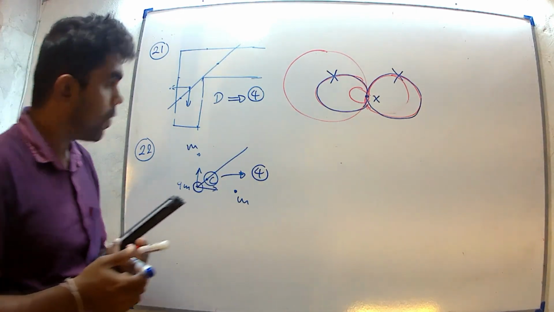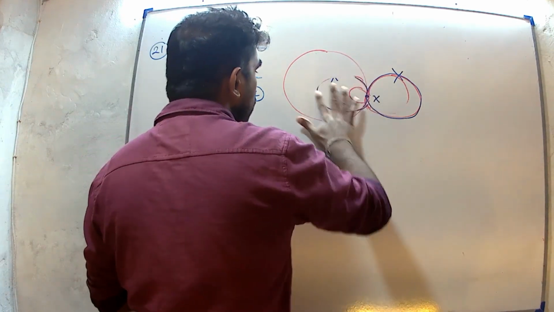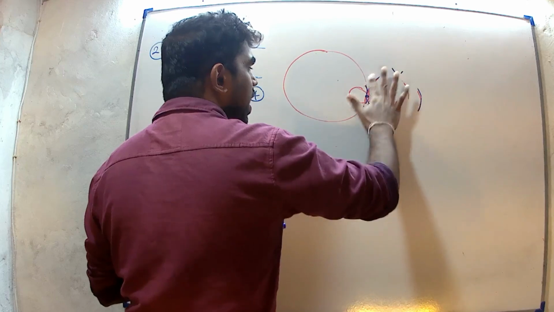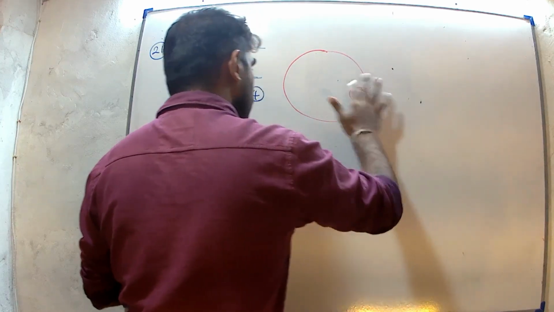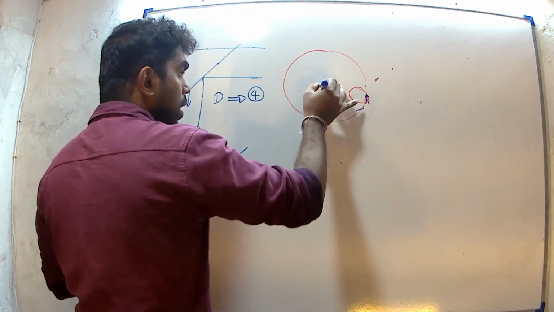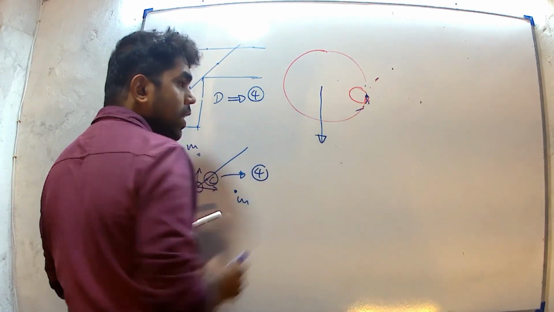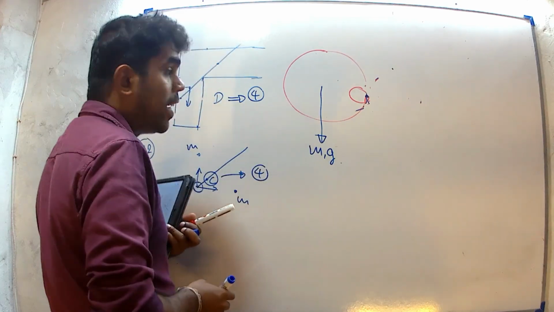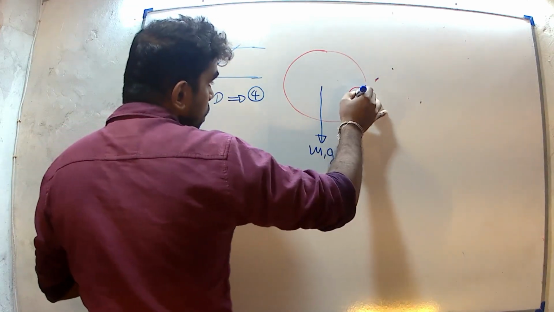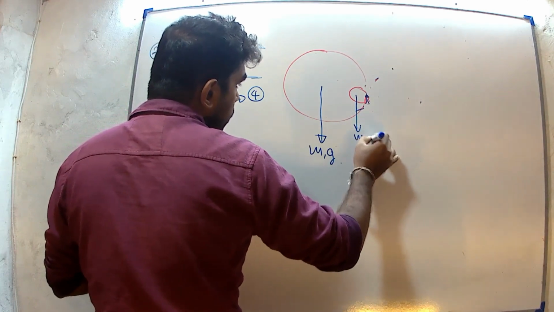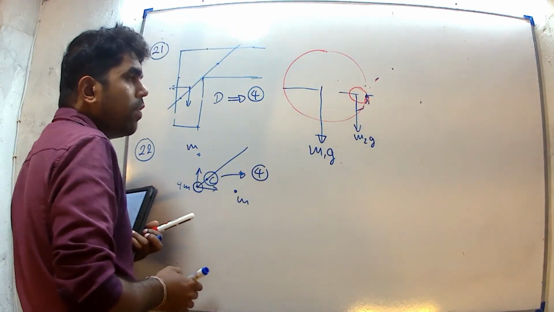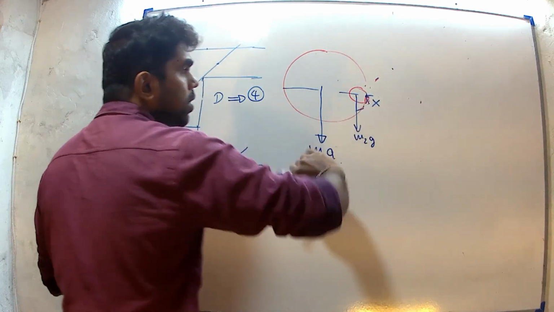Therefore, we have to consider only the remaining two rings. Now, the weight of this ring is mass M1, then weight M1G, and M2G. We can get the torque around point X.